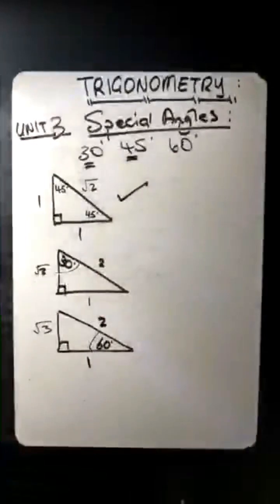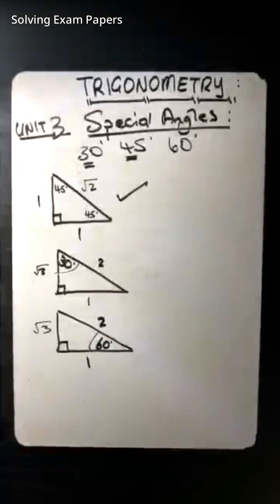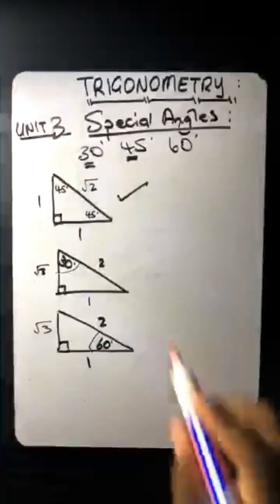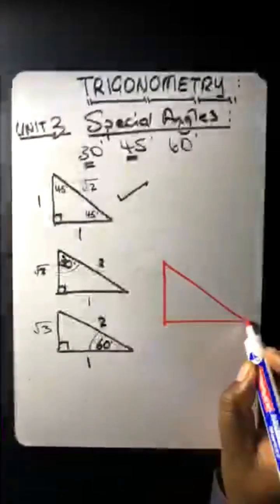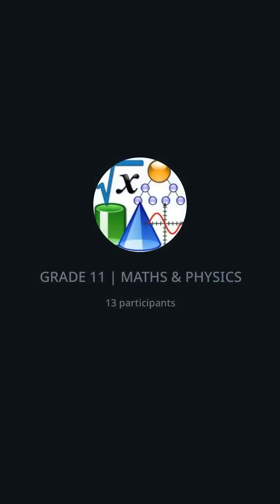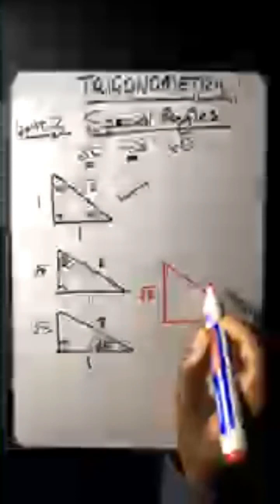Sometimes this can be explained as a combined drawing where they do this, and the reason is simply because there are too many common things there. You have 1 there, you have square root of 3 on this side, and you have 2 there.